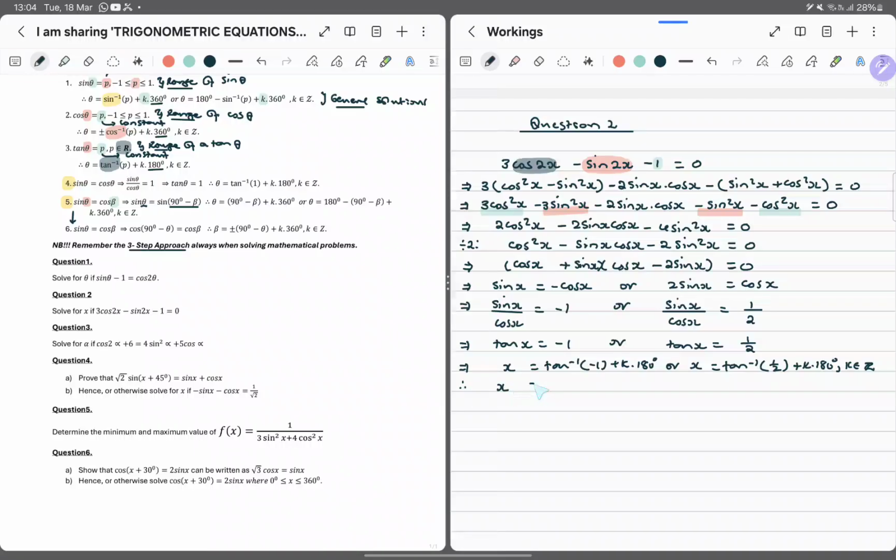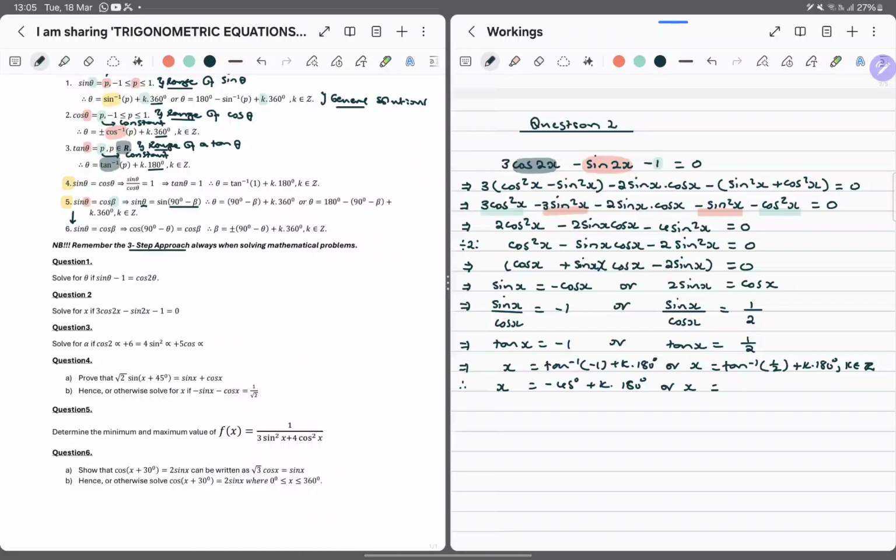So we can make a conclusion. Therefore, x is going to be, now shift tan of minus 1. This is going to be minus 45 degrees plus k times 180 degrees, or x is going to be the arctan of a half. Okay, I don't know, this one is not a special one.